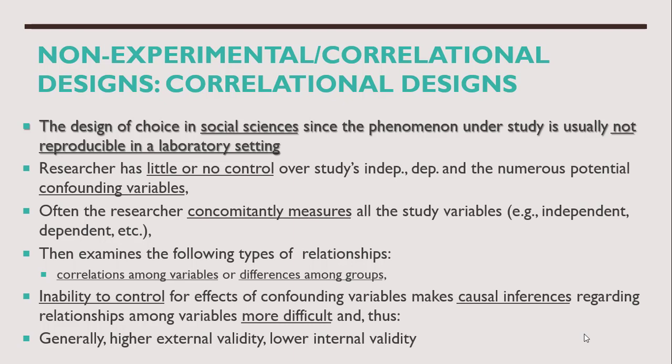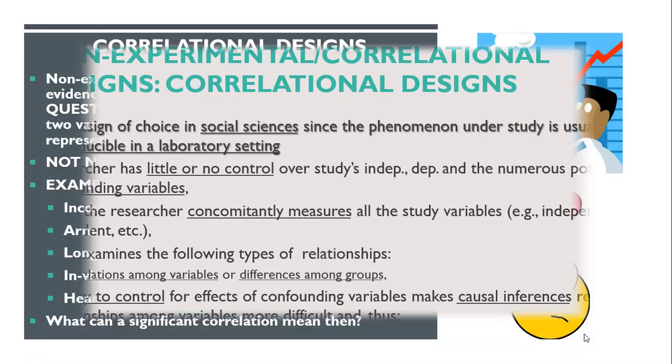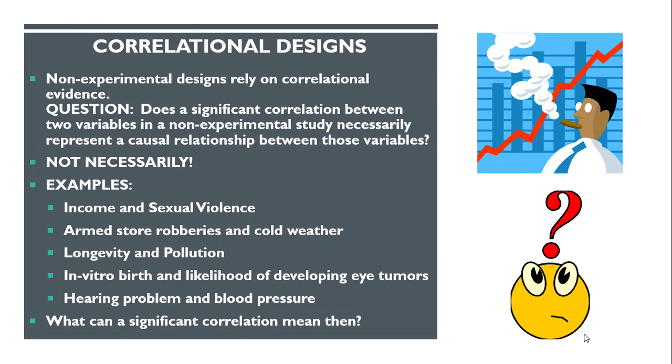If the sample is representative enough, we will be able to generalize from that study to the entire population. So when we do non-experimental design, we usually rely more on correlational design.